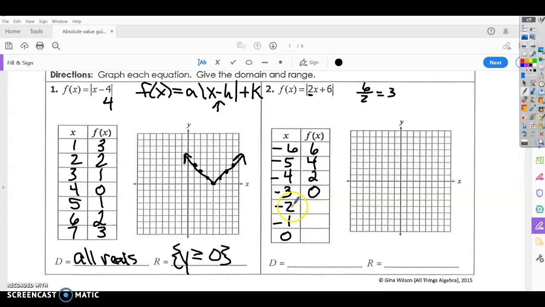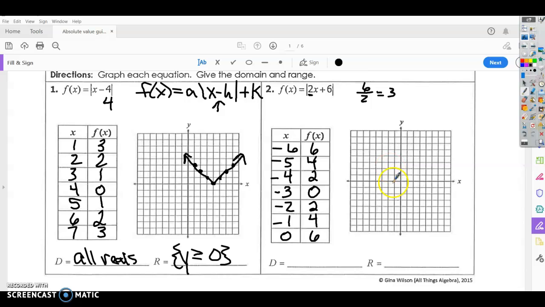And then -2 would be -4. That would be 2, absolute value is still 2. -2 plus 6 is 4. Absolute value is 4. 0 times 2 is 0 plus 6 is 6.